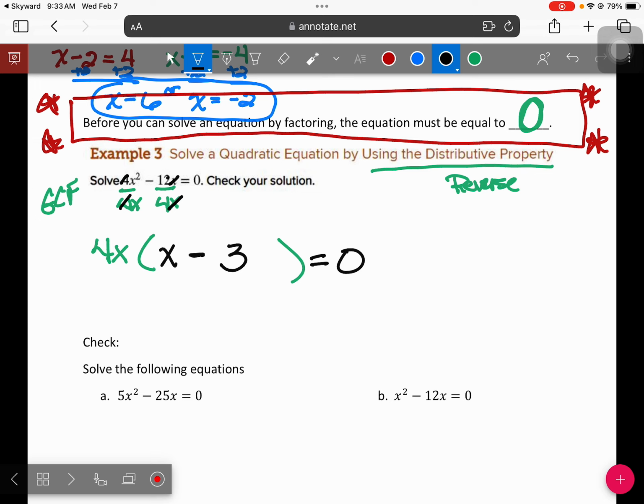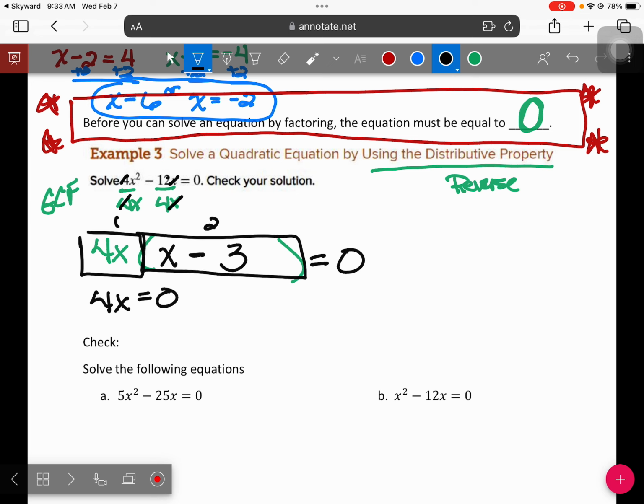So you are going to set the first factor equal to 0 and say 4x equals 0. Then you set the second factor equal to 0. x minus 3 is equal to 0.